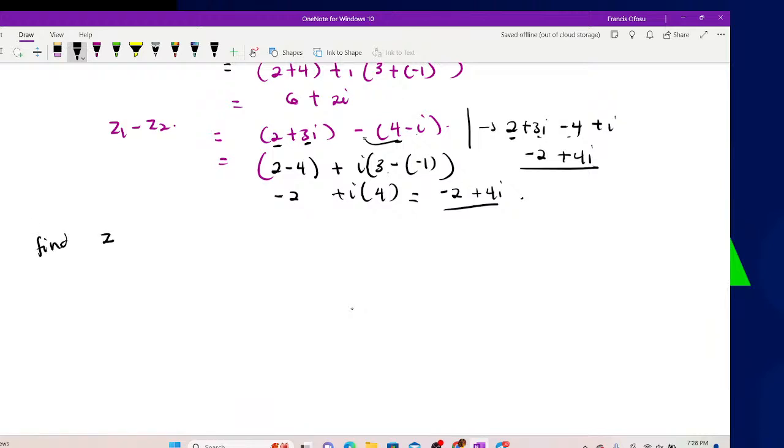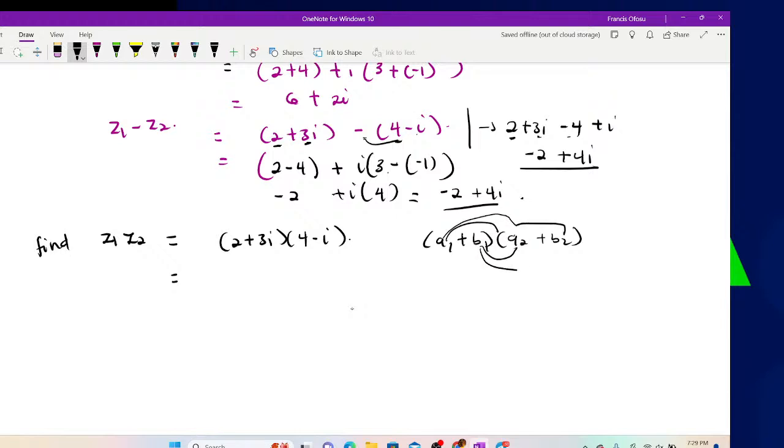So find z1 z2, that is z1 times z2. This is equal to 2 plus 3i multiplying 4 minus i. This is simply going to give us the normal expansion. As you know, if you have a1 plus b1 multiplying a2 plus b2, in a normal binomial expansion, this will take this, then this will take this, and this will take that.